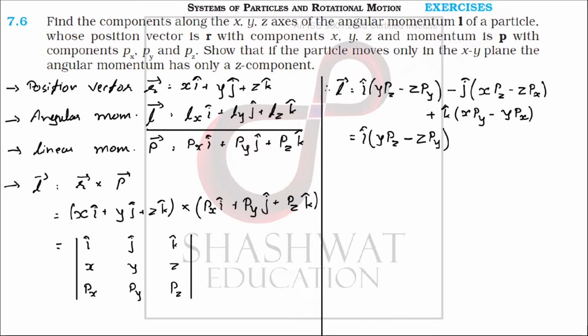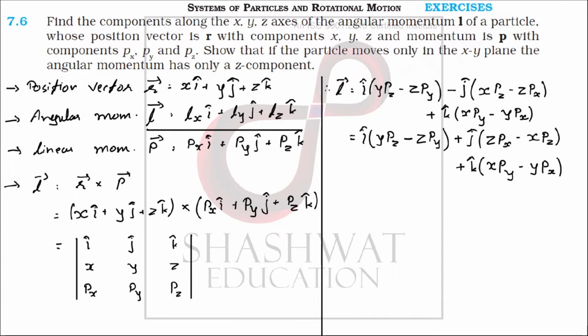Let us take minus common out of this bracket. So plus j cap into z px minus x pz, plus k cap into x py minus y px.